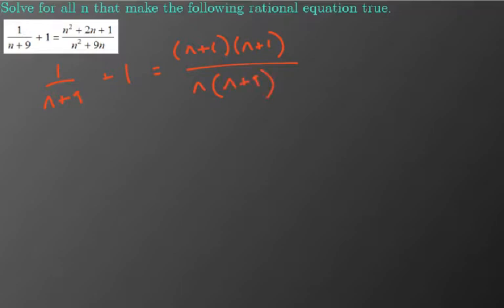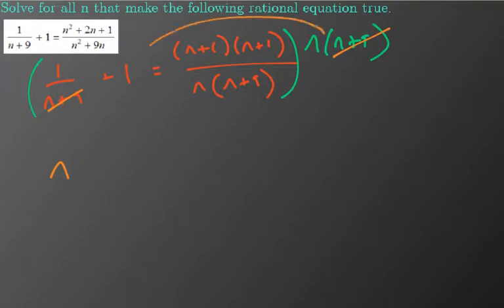And so this is nice because now I can see if I want to get rid of all my fractions, which is kind of the goal in these problems, I could just multiply by the common factor n plus 9 times n. If I do that, on this first one, n plus 9 cancels, and I just have n. Then nothing when I distribute it here.